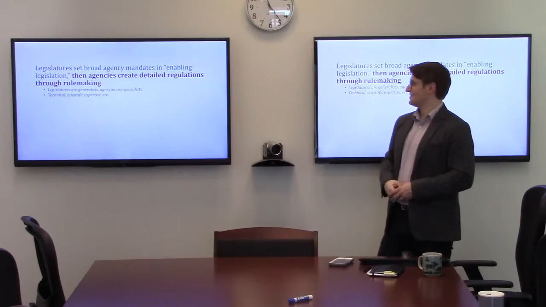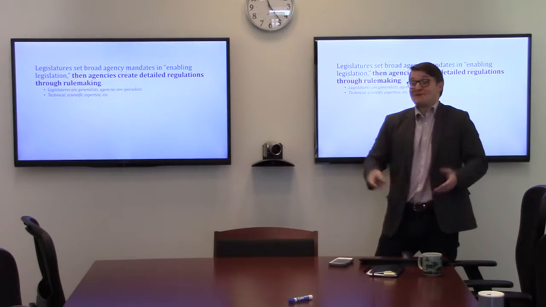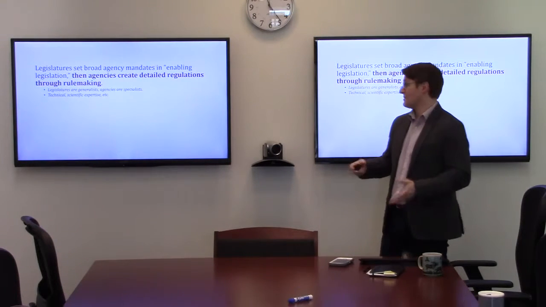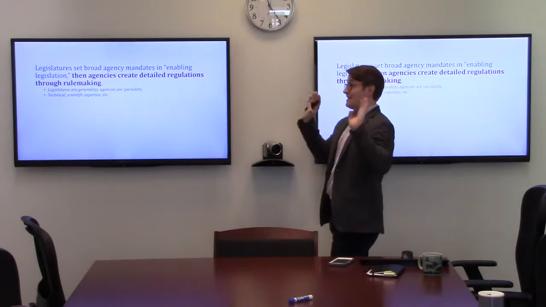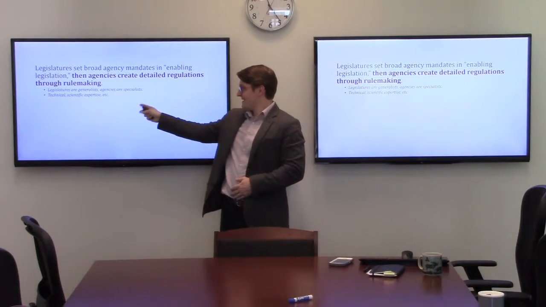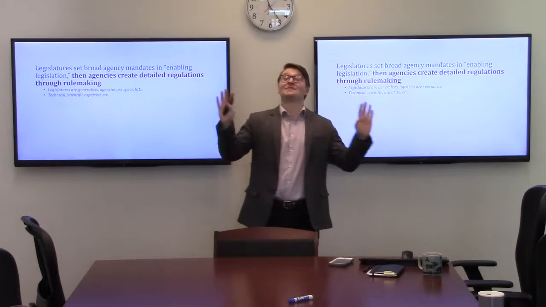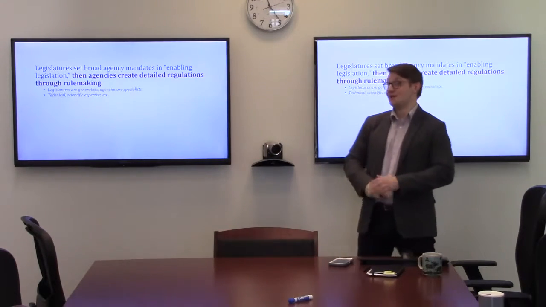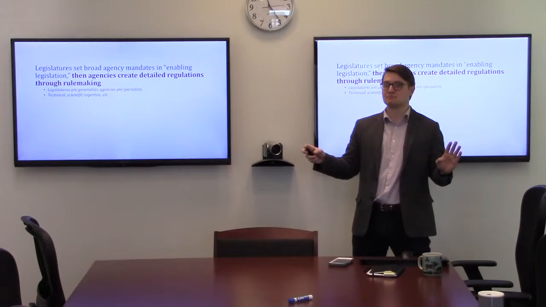Americans should have a good healthy diet. But they don't know anything about food, right? Like the technical aspects of how many chemicals can be in food. So then they punt it over to the agencies and say, hey, you have scientific experts, you have technical experts, you figure out all the specifics, right? The chemicals in parts per million in different types of food, and you do more specific regs.